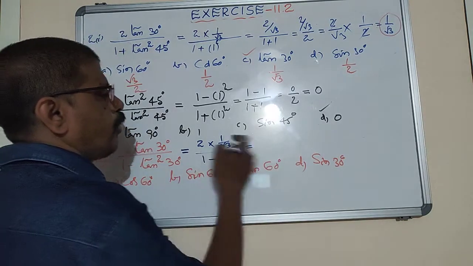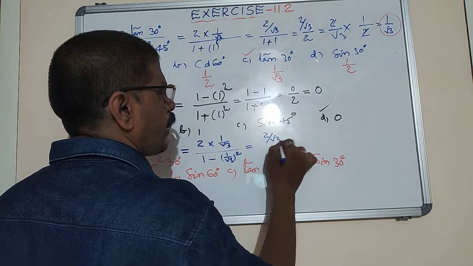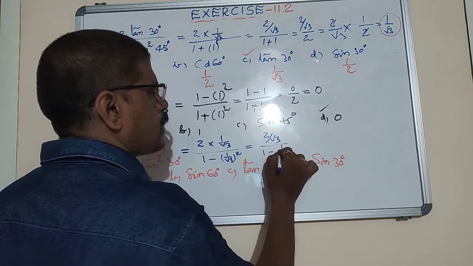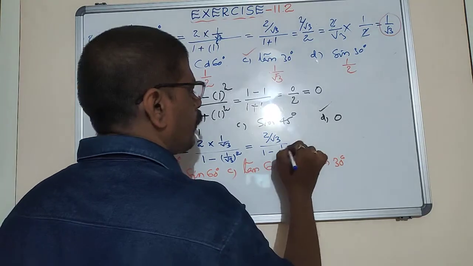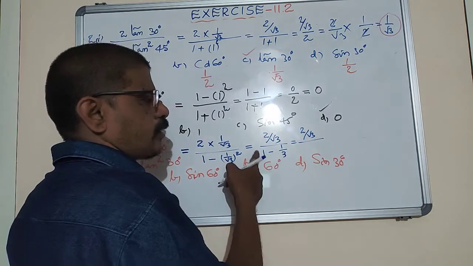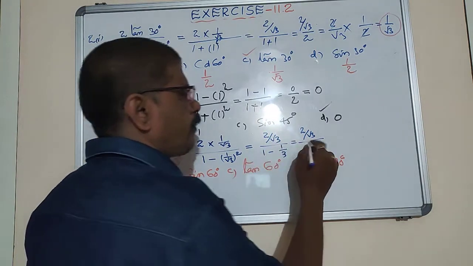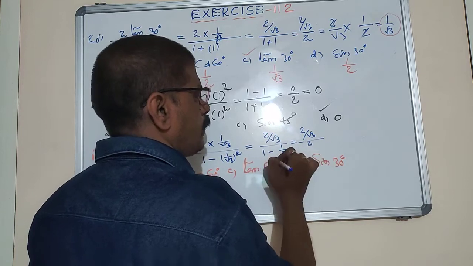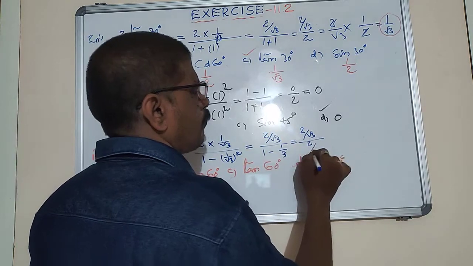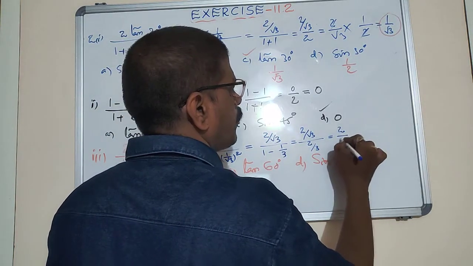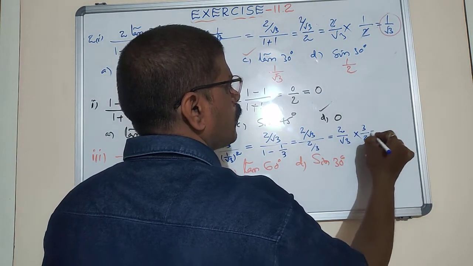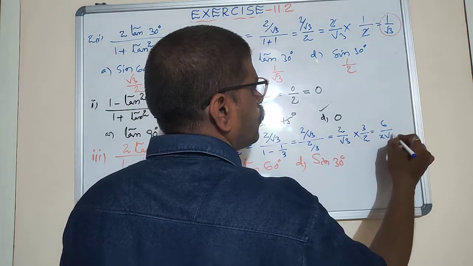That is equal to 2 by root 3 whole by 1 minus 1 by 3, which is 2 by 3. That is equal to 2 by root 3 into its reciprocal 3 by 2.